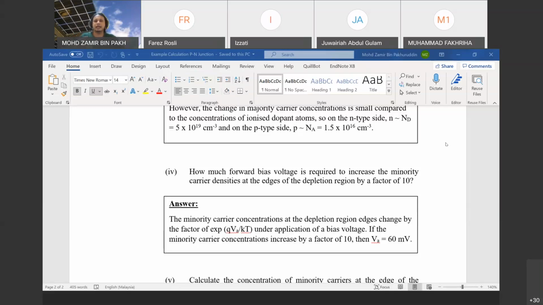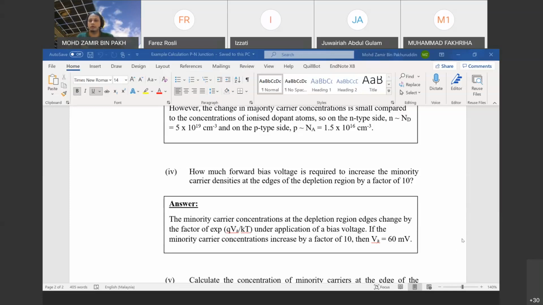How about others? Anyone got 60 millivolt or 0.066 volt? Anyone? How about Fatin, did you get the answer? Fatin Tahira, did you get it? How about others?